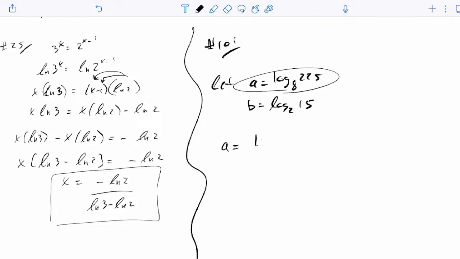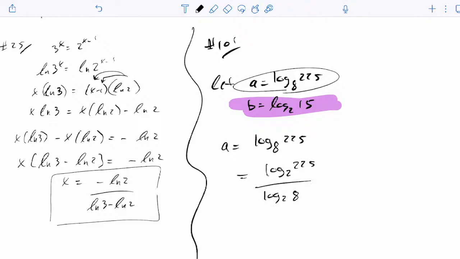Okay, a is equal to log base 8 of 225, and you can see that b has a base of 2. So then I can do a change of base. This is log of the base I want of the top divided by log of the base I want of the bottom. Now, 225 is 15 squared over, what is this, 3?